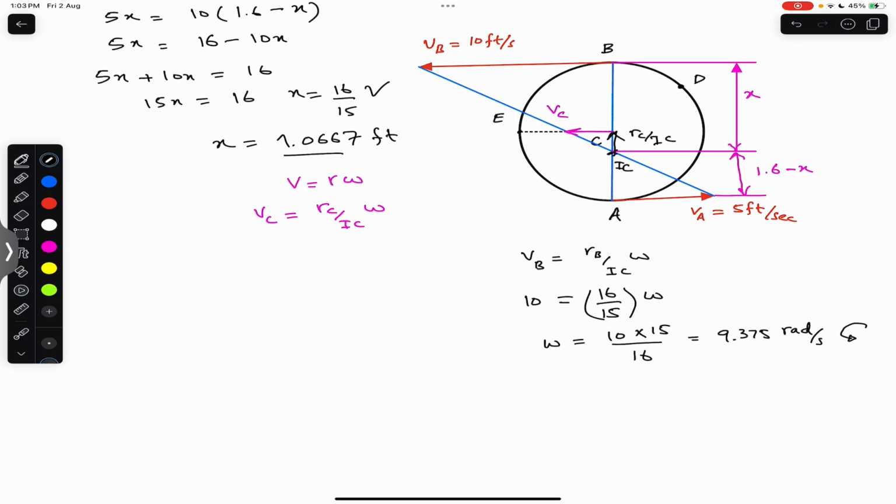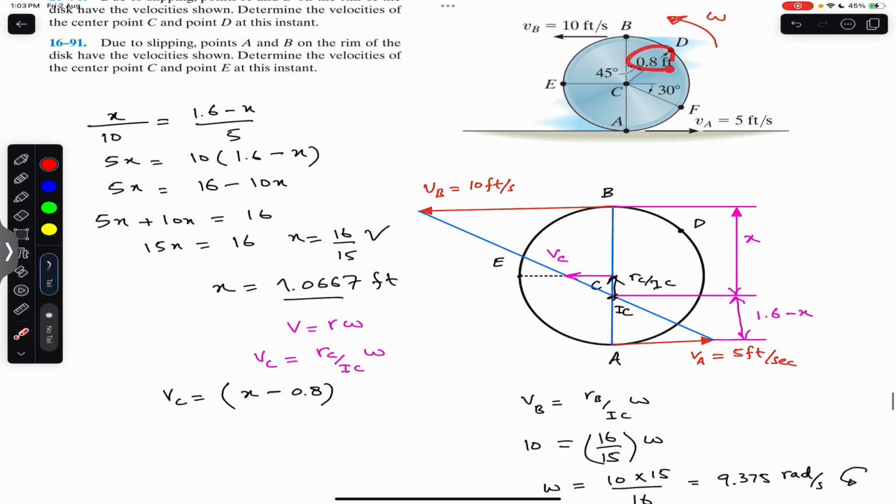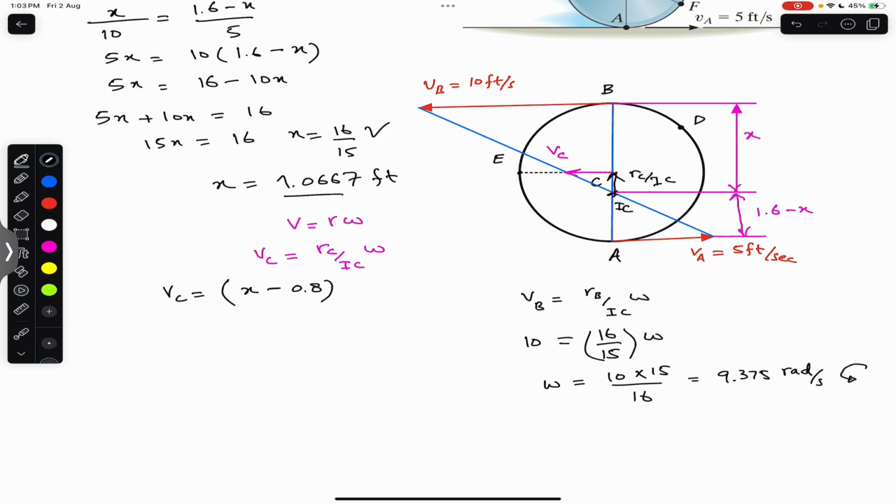So VC is equal to R of C/IC, which is x minus the radius, which is 0.8. The radius of the disk is 0.8, so this distance is 0.8, and this whole distance is x. So x minus 0.8 will be R of C/IC times omega. So VC is equal to 16 divided by 15 feet minus 0.8, multiplied by omega, which is 9.375.